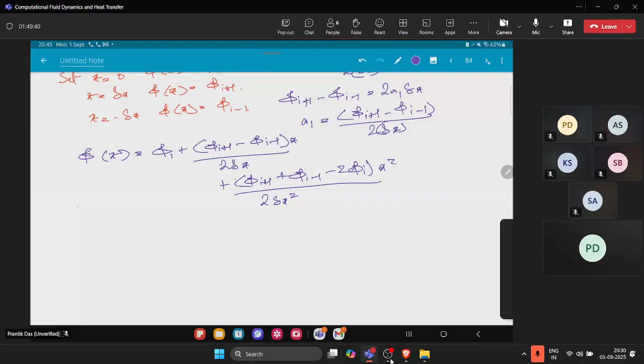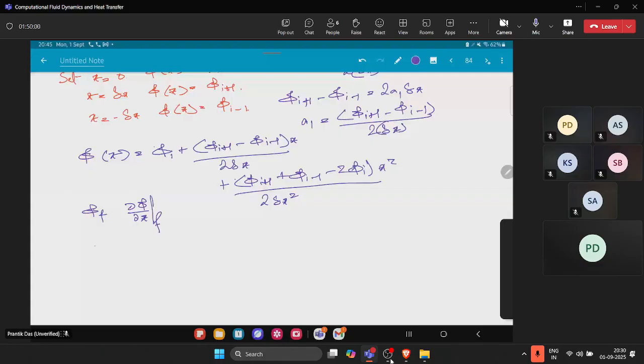Yes, sir. So then what I have to do? I have to find out phi f and d phi dx at the surface. I have to find out the value of the variable and also the value of the derivative of the variable. So phi f is what? At x equal to delta x divided by 2.